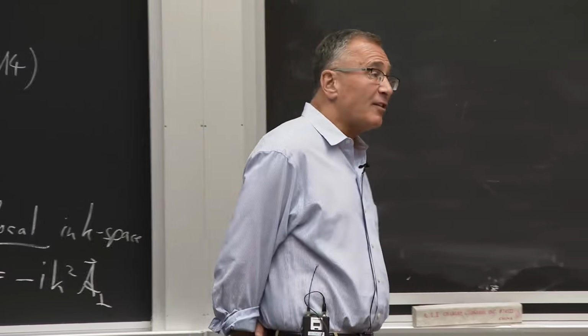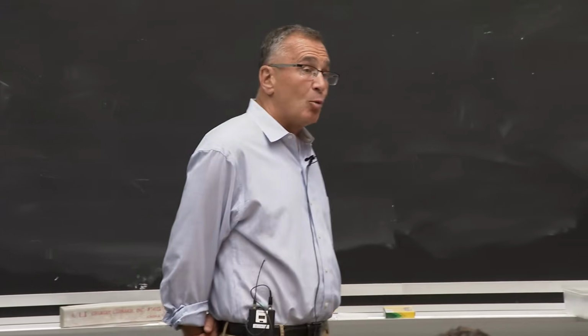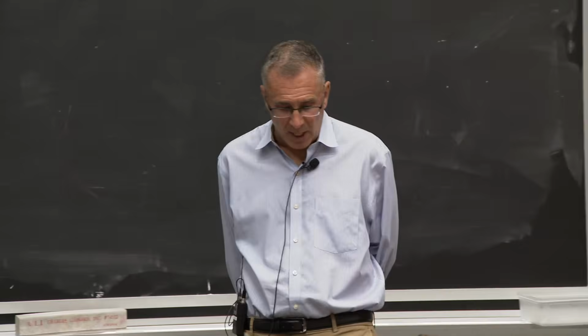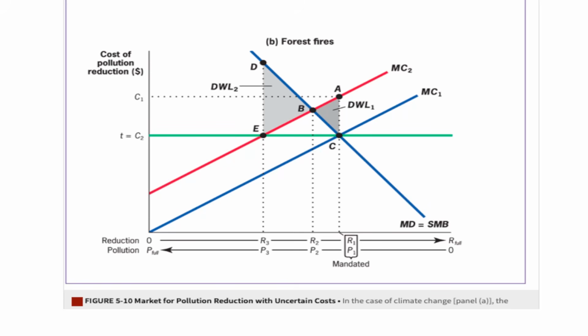Now, let's contrast that to what happens to forest fires. Let's walk through the same steps, a little faster now. The government thinks that the optimal quantity to regulate is R1. The true optimal quantity is R2.